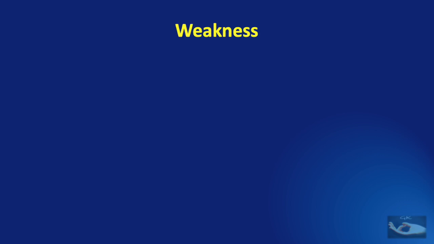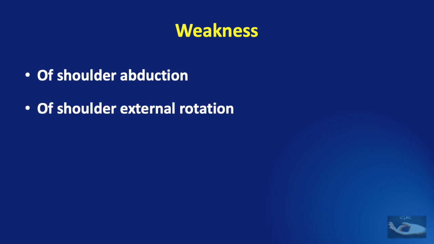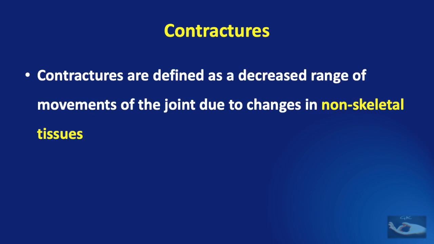Weakness of movements of the shoulder could be mainly of shoulder abduction and shoulder external rotation. When we talk about contracture of the shoulder, we are talking about decreased range of movements of the shoulder joint due to changes in non-skeletal tissues.